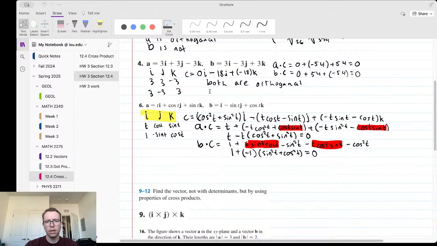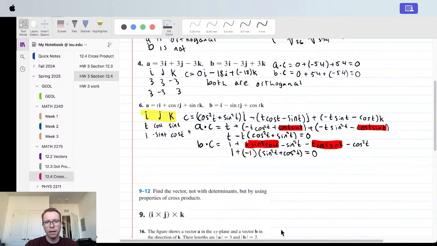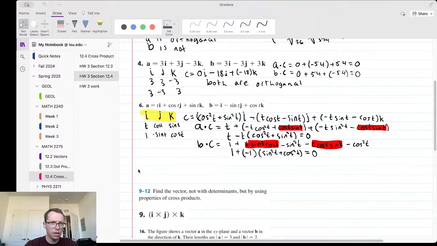Screen capture? Sure, and then we'll call this one Desmos. Whoa! Not what I want. Is there a way that I can kind of turn this off? Because I want to see it, but I don't want you guys to see it. Does that make sense? I don't know if I can do that.